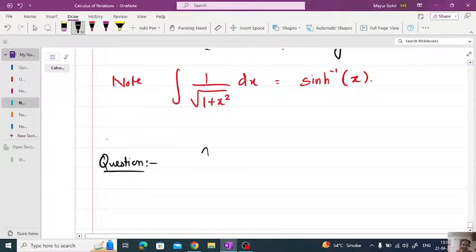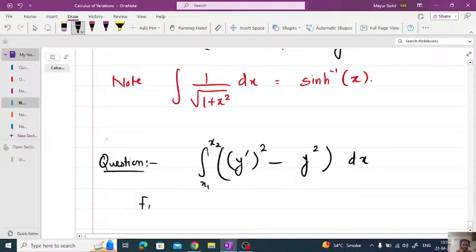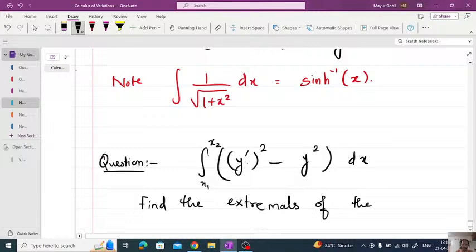Integral from x1 to x2 of y dash square minus y square dx. Okay, find the extremals of the above.